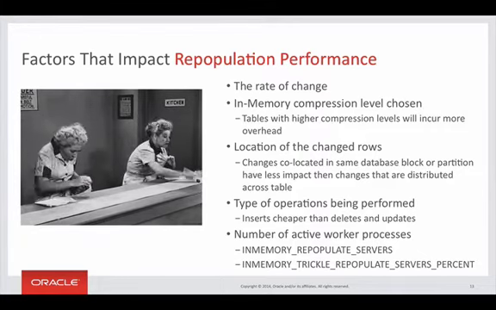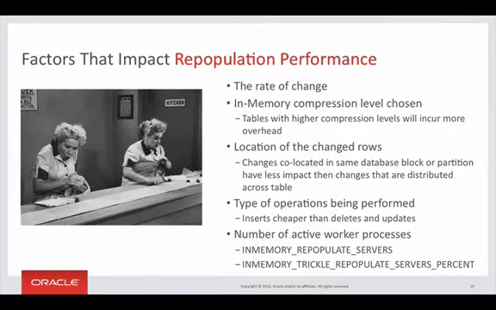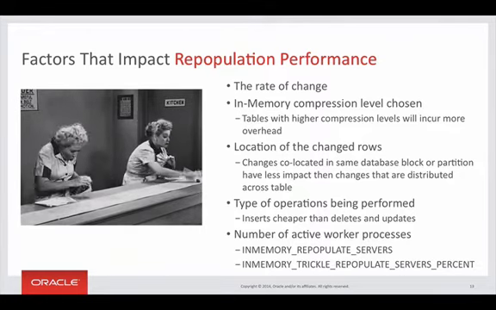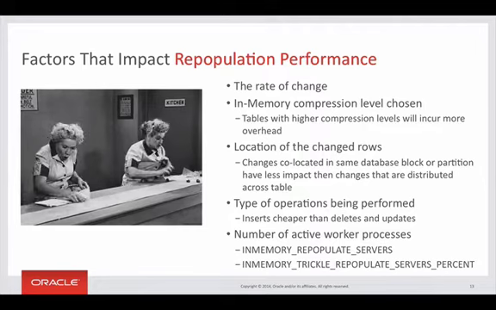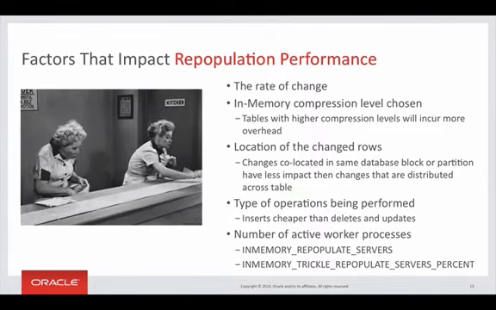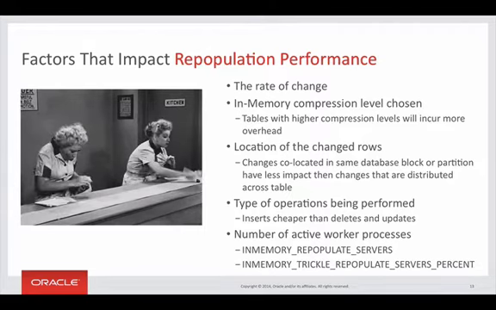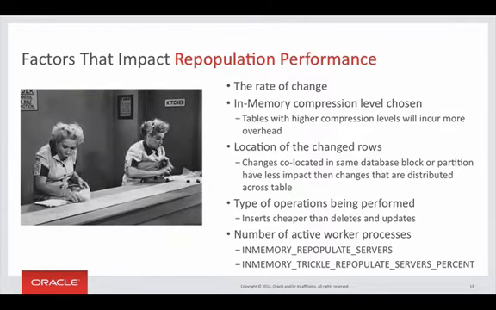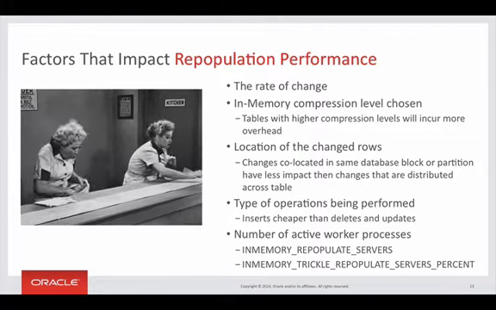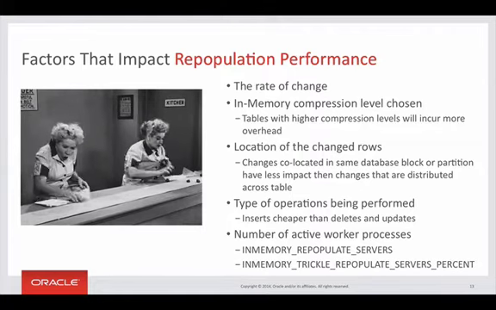The other thing that greatly influences the performance, of course, is the number of worker processes that are able to complete this repopulation work. And you can control the number of active worker processes using the initialization parameters in-memory repopulate servers and in-memory trickle repopulate servers percent.